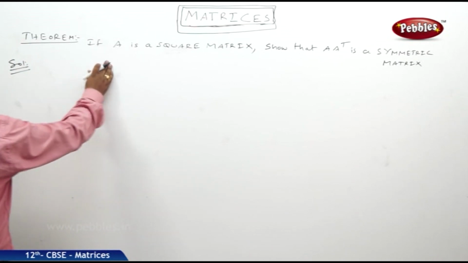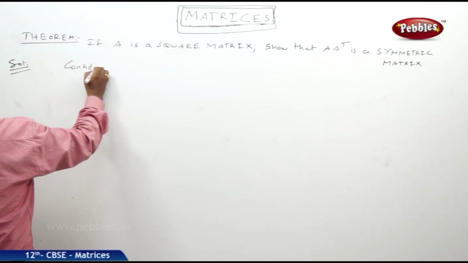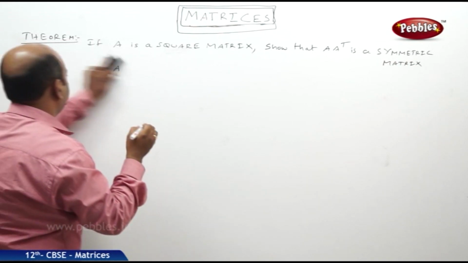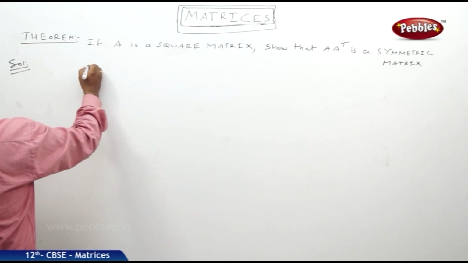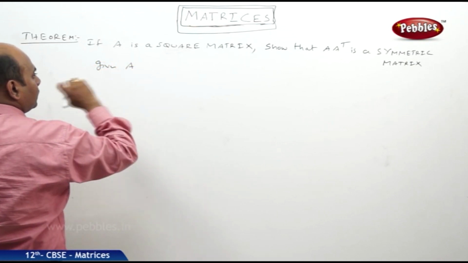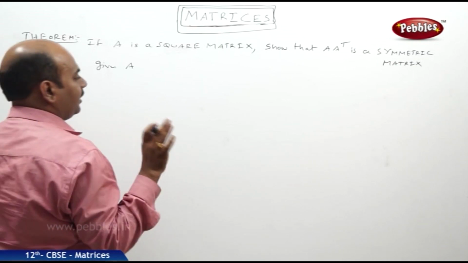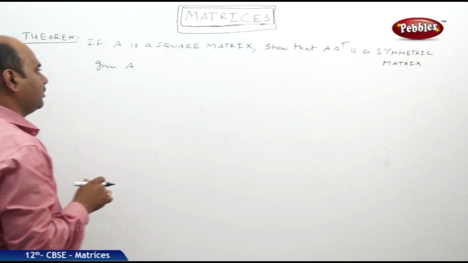So what I will be doing means, consider, or before that I will go like this, proof you should be writing very carefully. Given A is a square matrix and we need to show A into A transpose is a symmetric matrix.